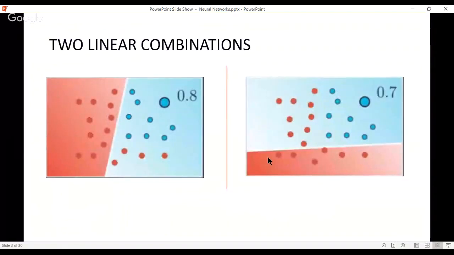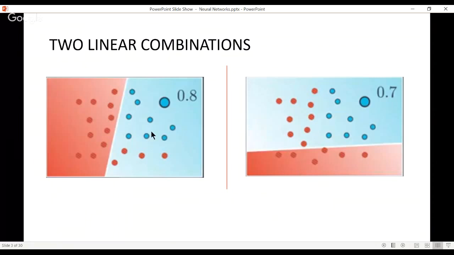Suppose this is the second linear combination using x1 and x2. If we compare these two, in this linear combination, it leaves out some of these red points out of the red region. These are supposed to be classified in the red zone, whereas over here there are many red points in the blue zone as well.